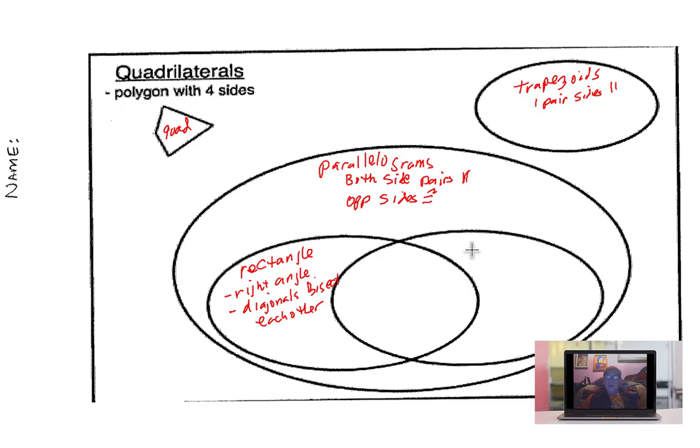over in this other section, we have the rhombuses. So in a rhombus, all sides are congruent, and opposite sides parallel. Well, that's because it's a parallelogram.